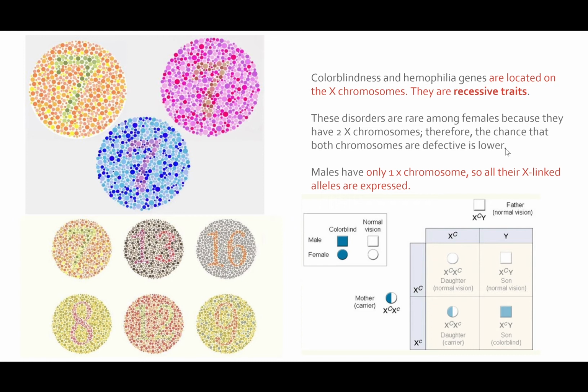Okay, and so I typically would say, okay, recessive traits need both recessive alleles present for it to be expressed. But if you think about it, these genes are on the X chromosome, but males only have one X chromosome. So they really only have one possible allele for any kind of X-linked gene.